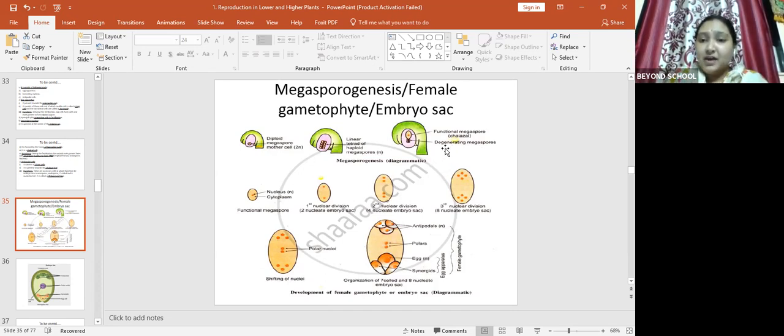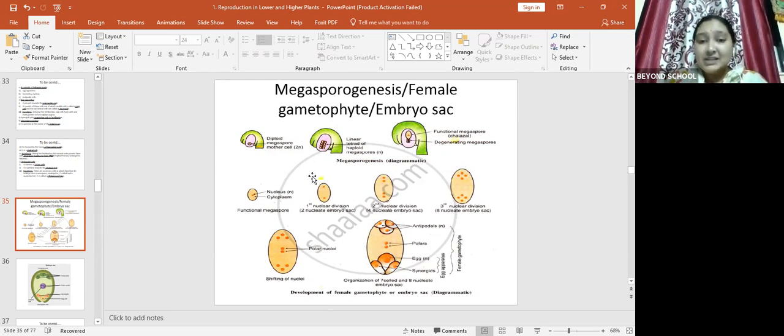Now the same one megaspore we have taken over here in the ovule. I call it the functional megaspore because it is going to carry out the whole activity for my female gametophyte to carry on, right? This one functional megaspore has small cells beside it which are still non-functional, because it is a young megaspore, and it has a nucleus present. Now this functional megaspore will first go into nuclear division.